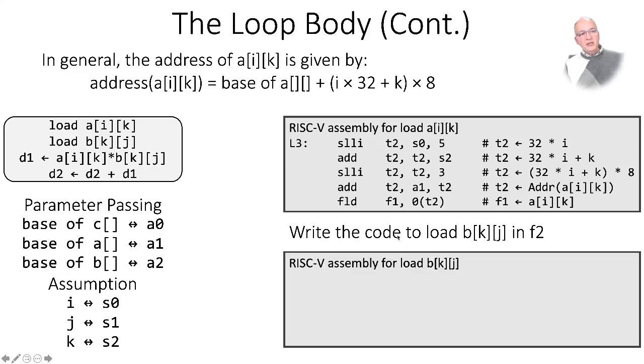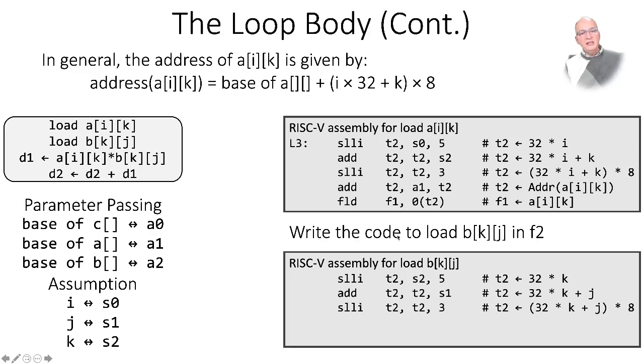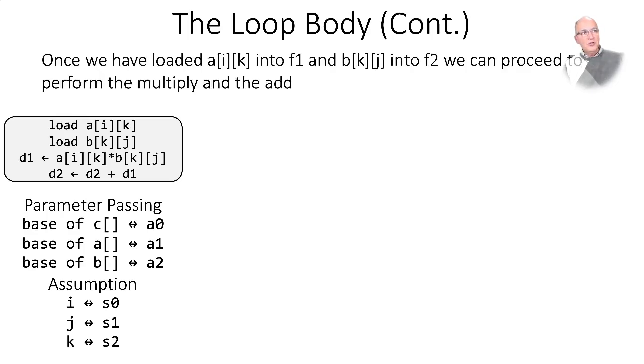For BKJ, it will be a very similar situation, but now I need to multiply K by 32 instead of I, and then I need to add J to it, and then I need to multiply the result by 8. Then I add this to the base of the array B, and then I do a float load double from that address into F2. So now I have the values in F1 and F2.